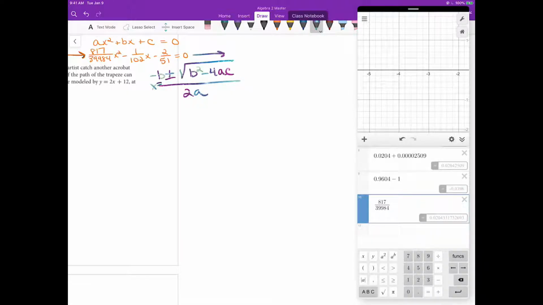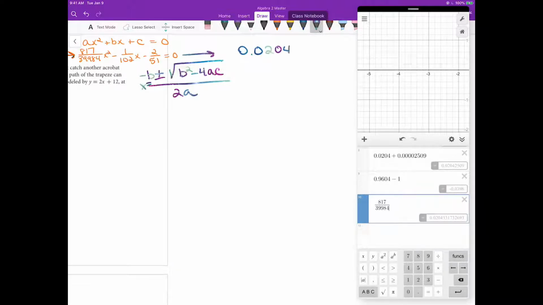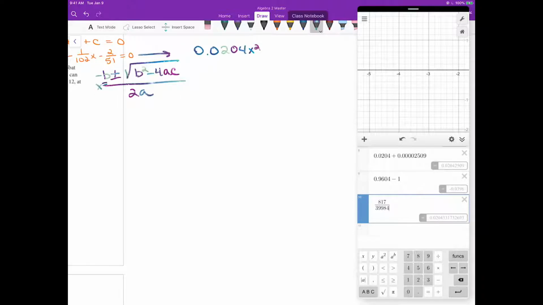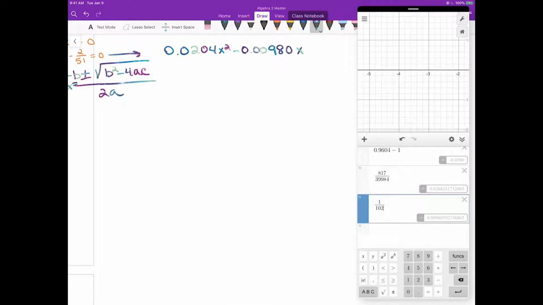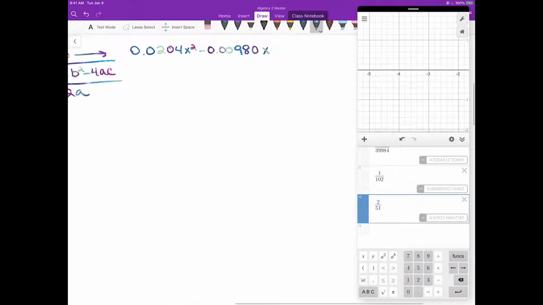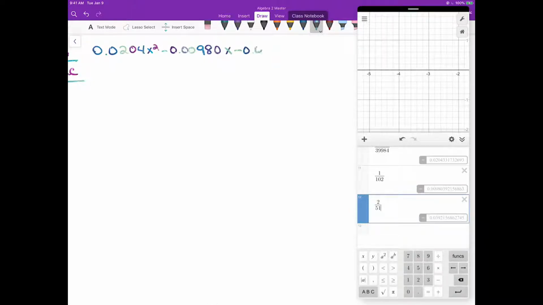So let's find an a, b, and c we can work with. 0.0204x squared, and then negative 1 over 102, 1 divided by 102, and that is minus 0.00980x, and then negative 2 over 51, 2 divided by 51, and that is minus 0.0392, and all of this would equal 0.